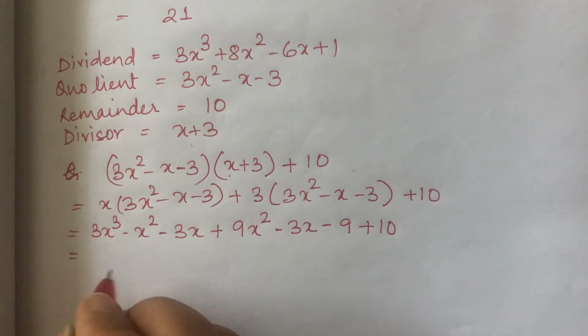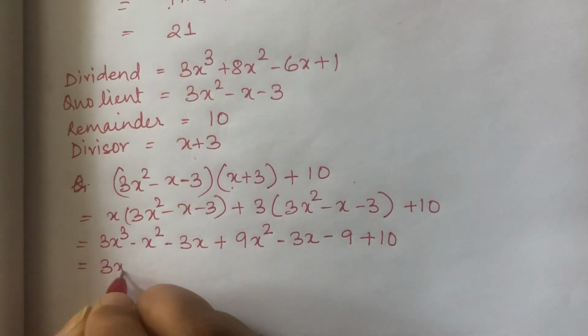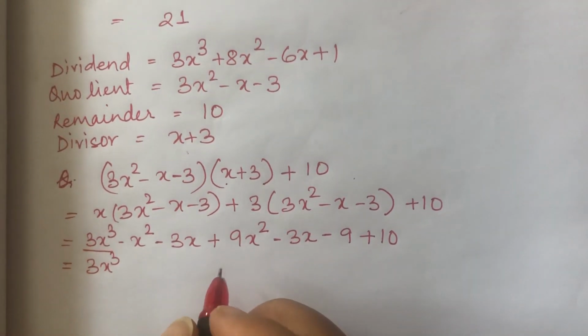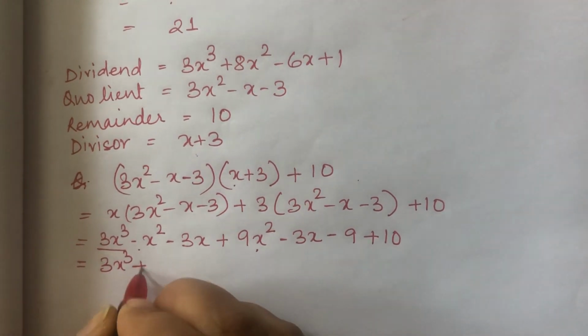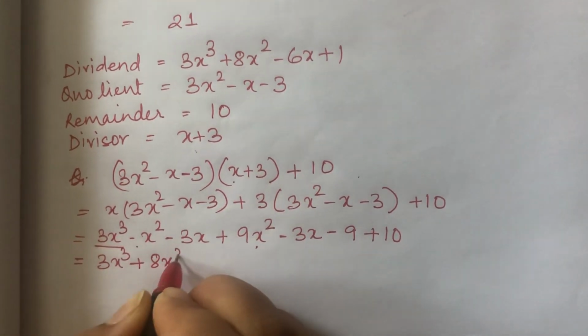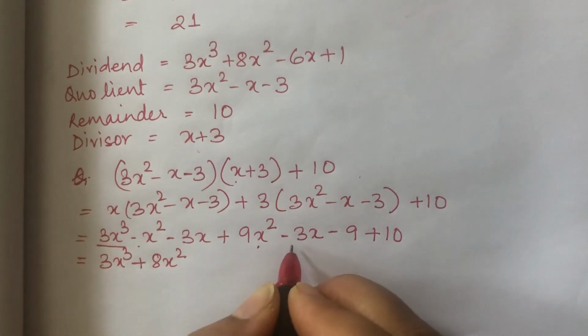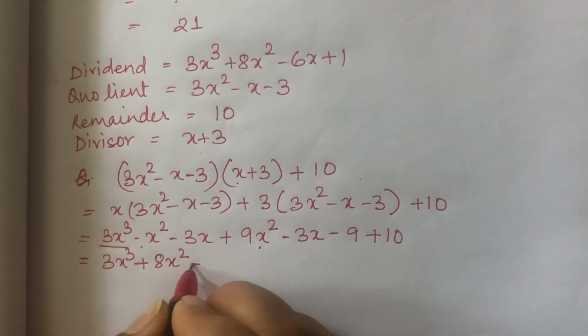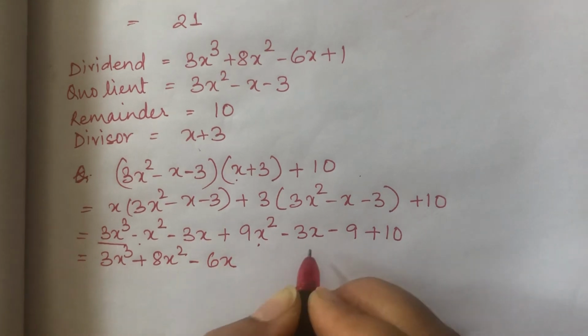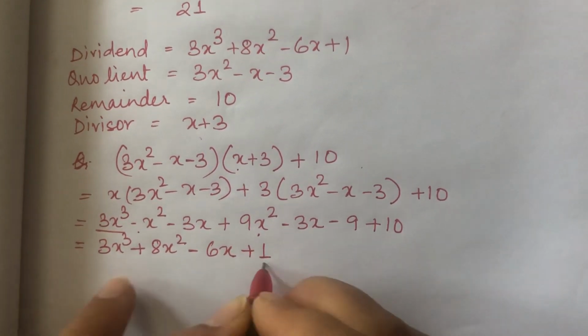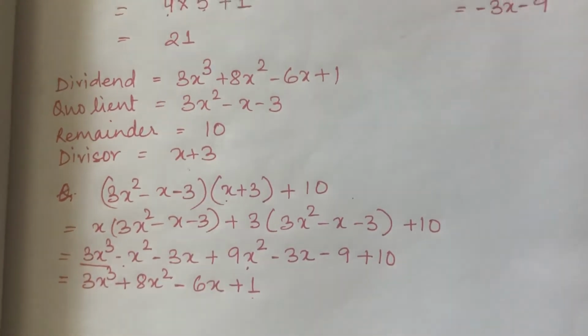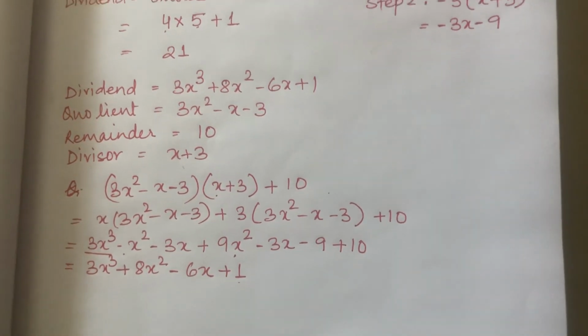Now let's combine the like terms. So it is 3x cubed. I do not have any more x cubes. Then minus x squared plus 9x squared will become plus 8x squared. Minus 3x minus 3x will become minus 6x. Minus 9 plus 10 will become plus 1. And this is what is my dividend. So we were able to prove the division algorithm. Thank you.